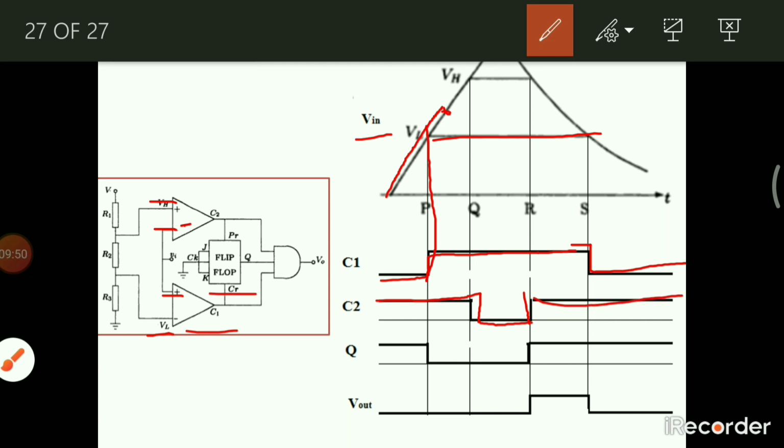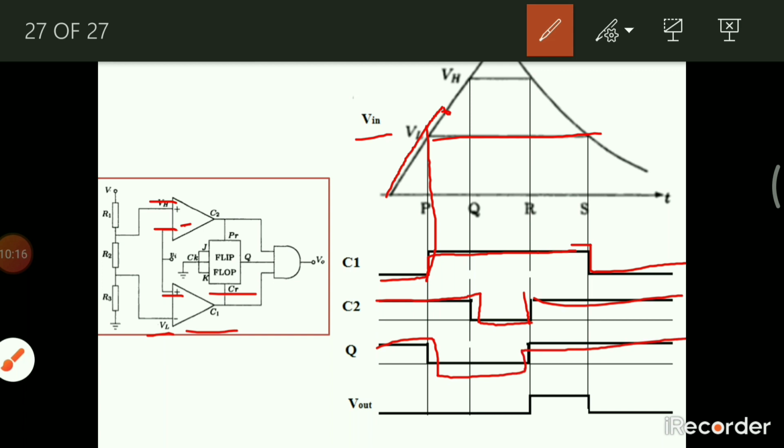After that, a JK flip-flop is used. For more information, I request you to go through the truth table of the JK flip-flop as well as the toggle condition of the JK flip-flop. Then you will get an idea of how the JK flip-flop works. By using these comparators C1 and C2, we'll get the output of the JK flip-flop like this.